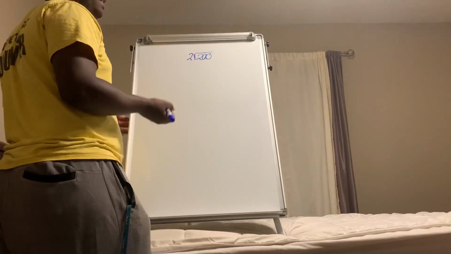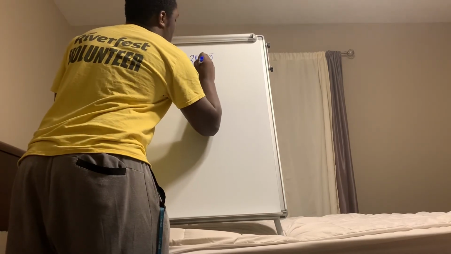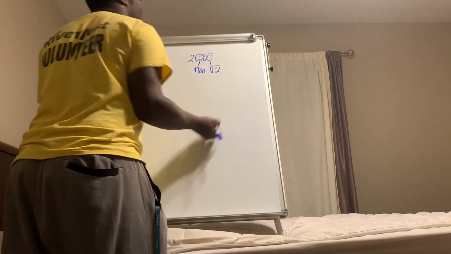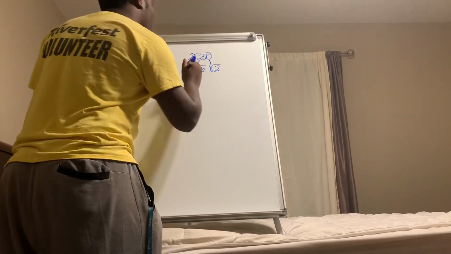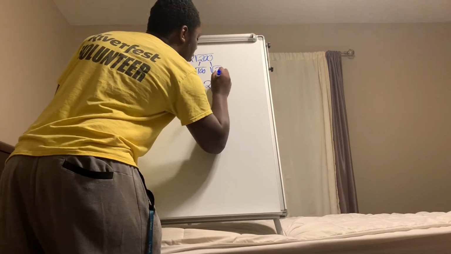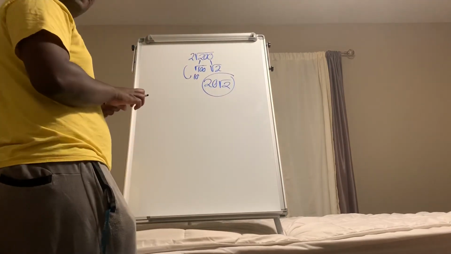Well, we know that there's 100 and then 2. So 100 and then radical 2. We know we can't do anything with that. We know radical 100, the square root of 100, is 10. 10 times 2 is 20. Radical 2. There's our answer.